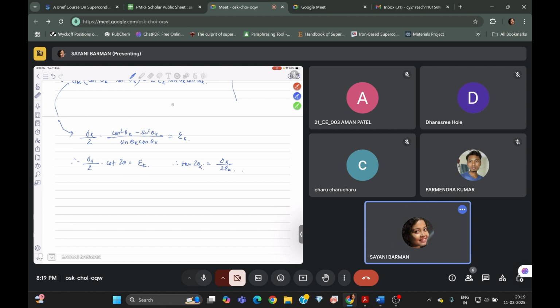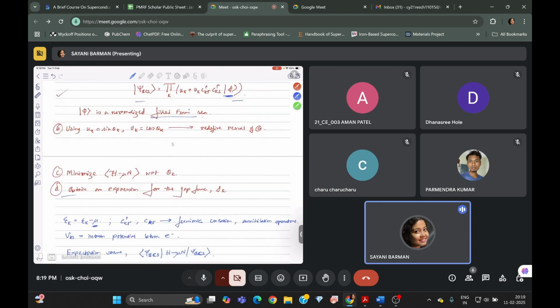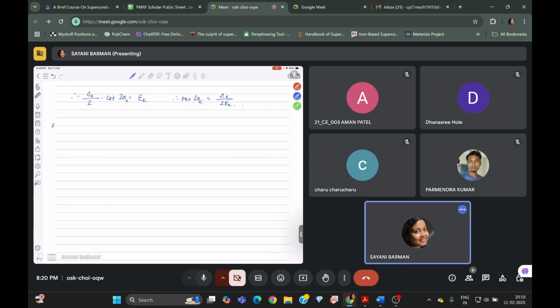Now, another question is obtain the expression for the gap function del k. Now the gap function del k, it is expressed by VKL UL VL. Right. Now we have to do the same thing in substituting U as in sine theta and V as in cos theta.